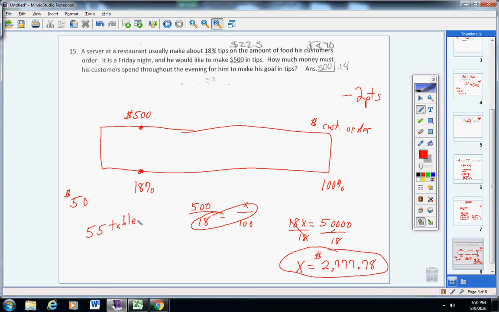Now, that's going to be tough to do in a 7 or 8 hour shift, but sometimes on a Friday night, you'll get big parties coming in, and some of those tables will order $100 or $200 worth of food. So it's hard to say, but that's the answer there, okay?